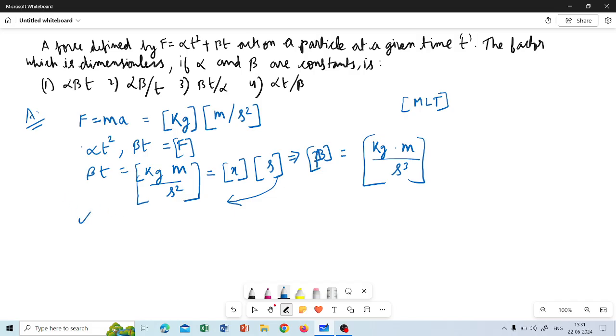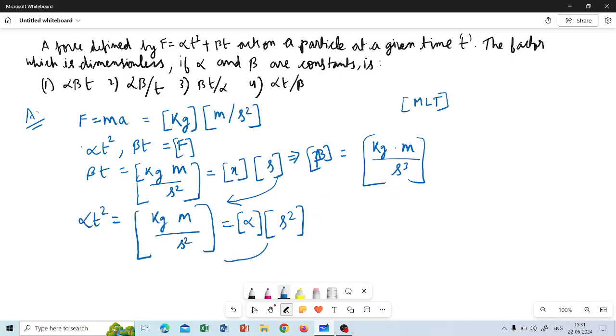Now similarly, alpha t square also has the same dimensions as force. So kg meter per second square is equal to, again I will write, alpha into t square, that is second square.